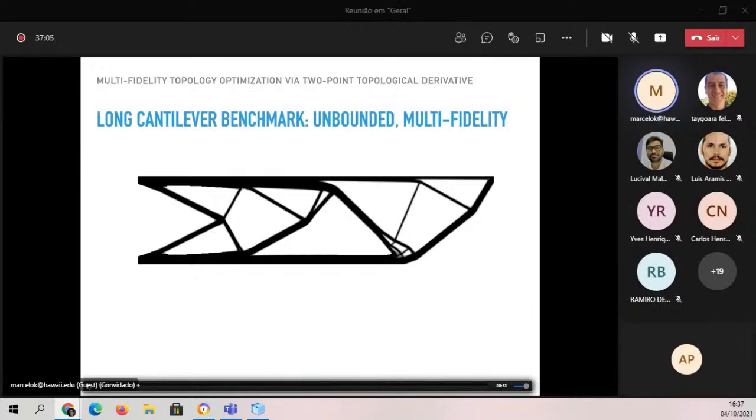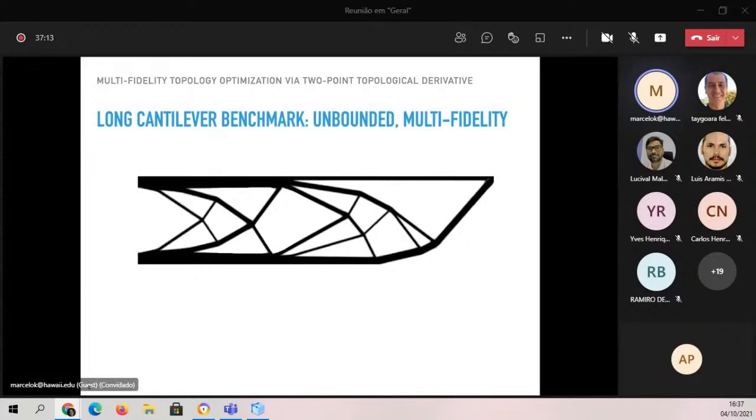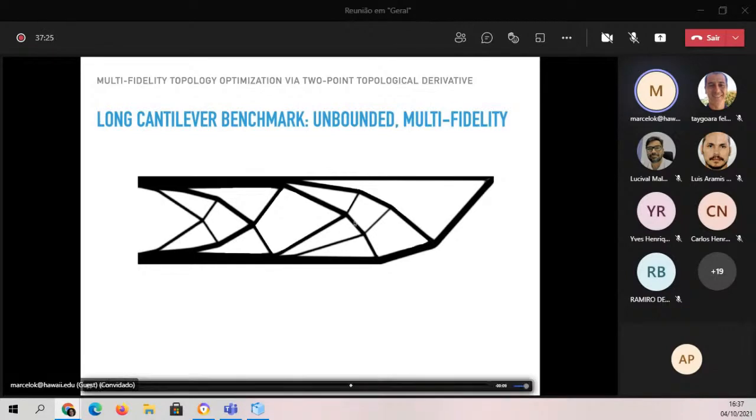So SIMP creates a new topology by creating holes and then moving holes, compared to what we have here, where we created the topology in the low fidelity model, and then we are just changing shape basically here in SIMP. And that's the reason why we don't gain much for SIMP in this case in terms of number of iterations.